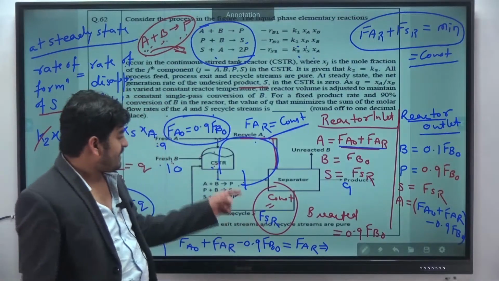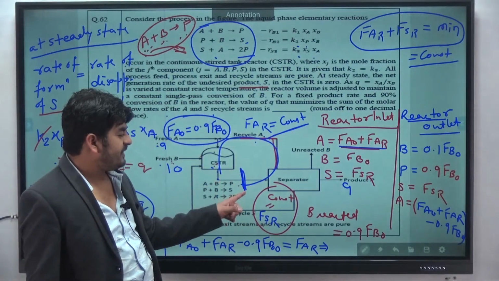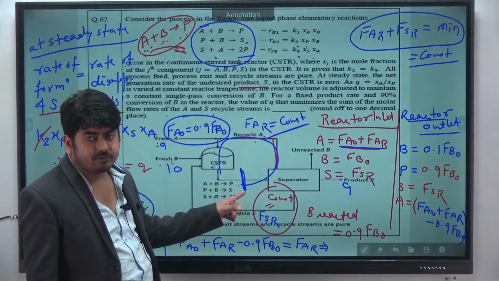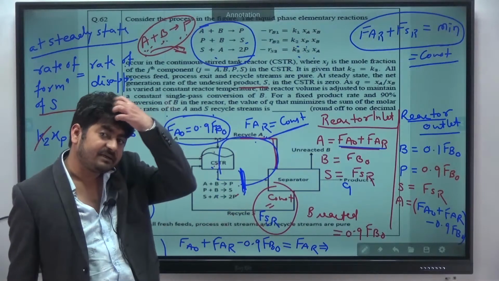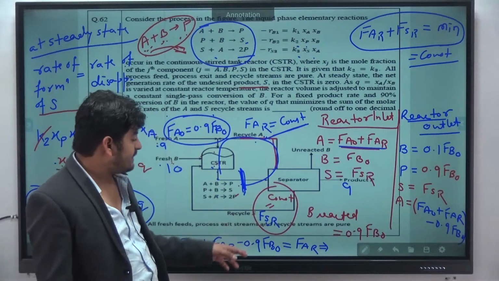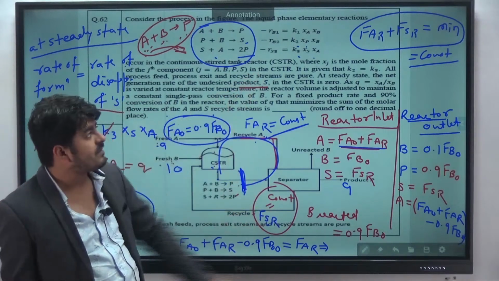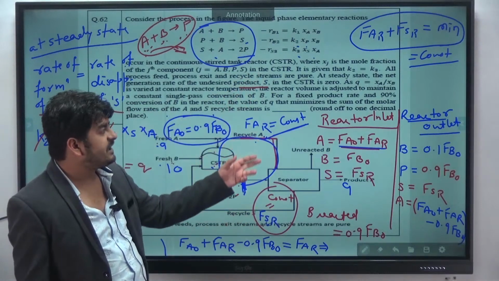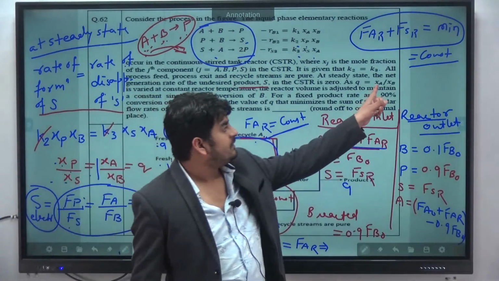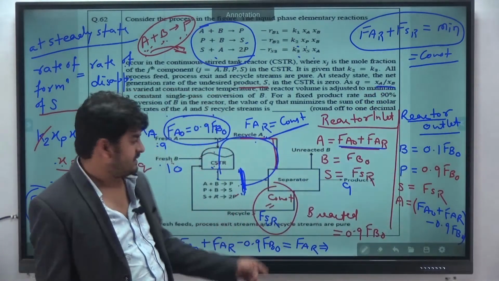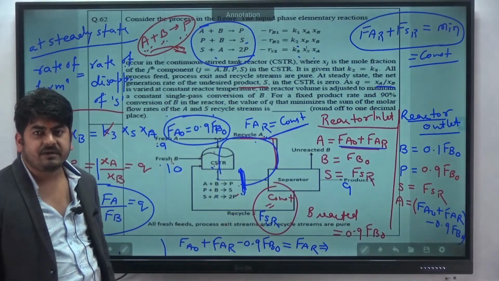So for which value of mole fraction of A or mole fraction of B will this ratio become minimized? This sum will be minimum because they are already constant, so for which value of A and B will this ratio be minimized?